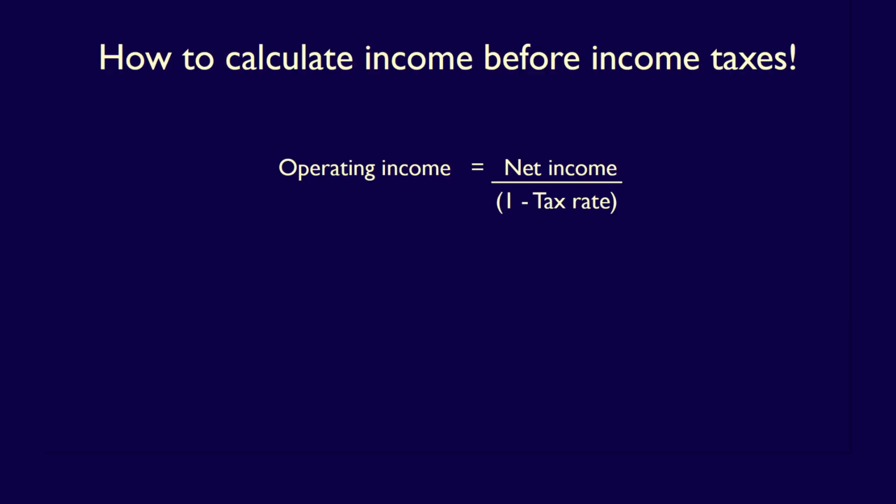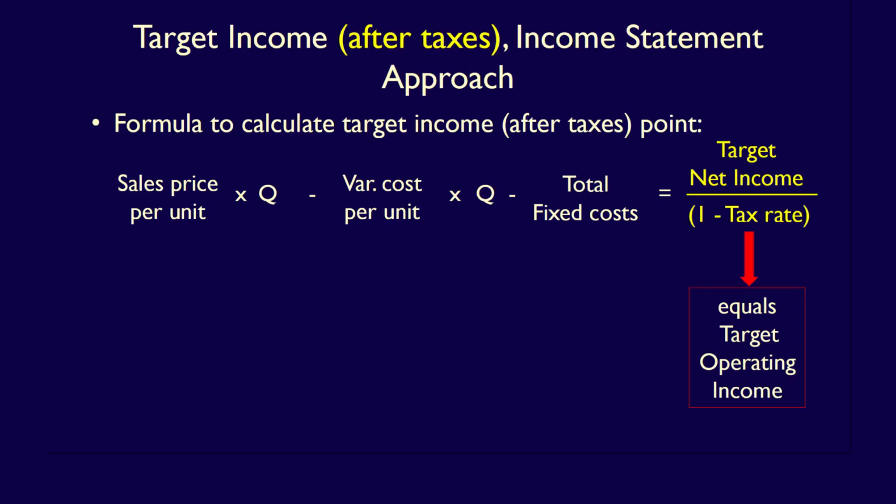We now know how to convert net income, which is also income after taxes, into income before income taxes, which means we can use this in all of our formulas, starting with the formula to calculate the target income after taxes using the income statement approach. Our formula is now sales price per unit multiplied by Q minus variable cost per unit multiplied by Q minus total fixed cost is equal to target net income divided by (1 minus the tax rate).